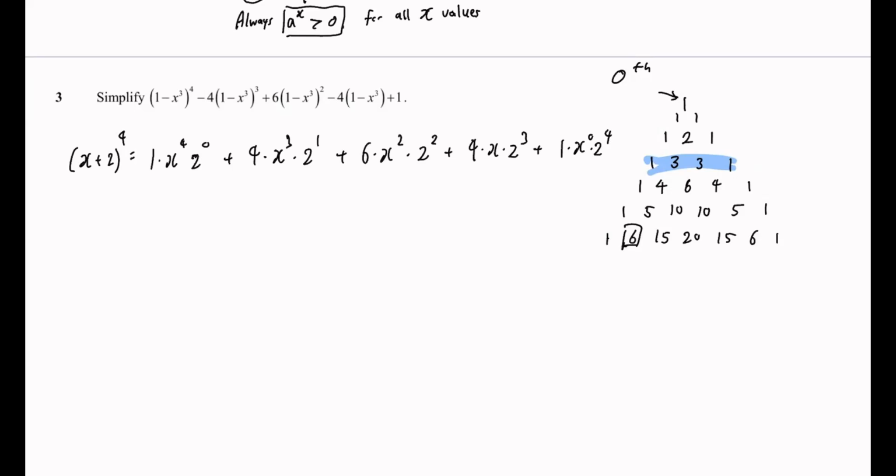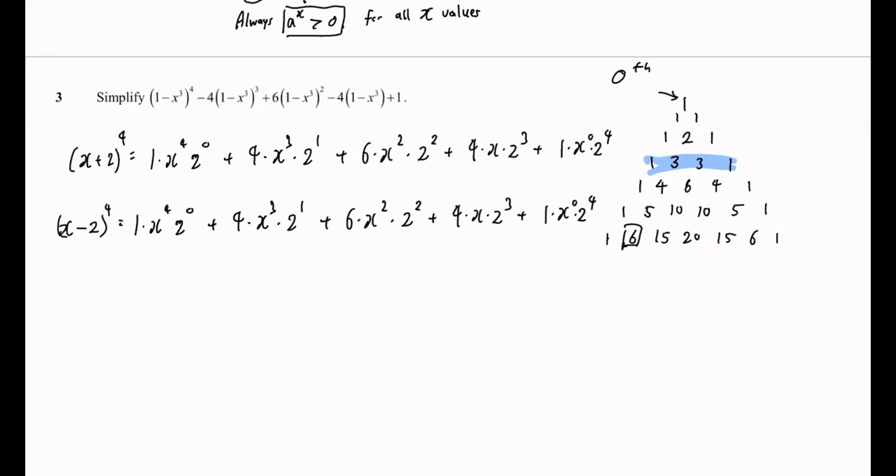Correct? Yes. But now what if I change it to a -2? You get basically the exact same thing, but now all of the 2's must be replaced with a -2.